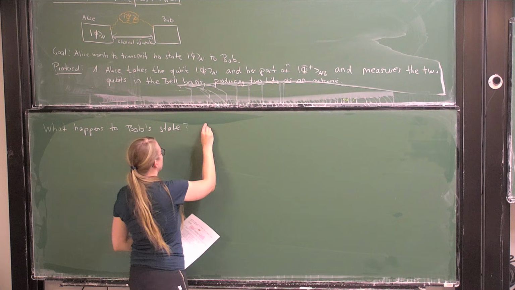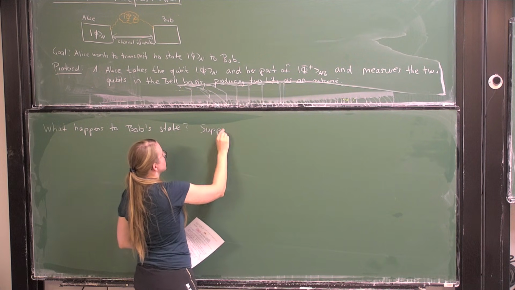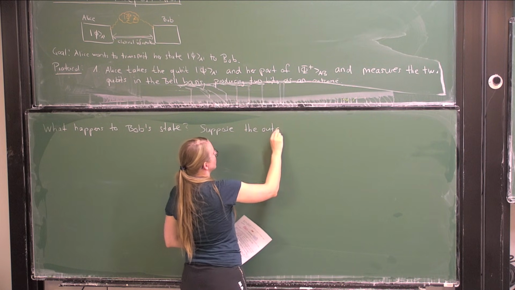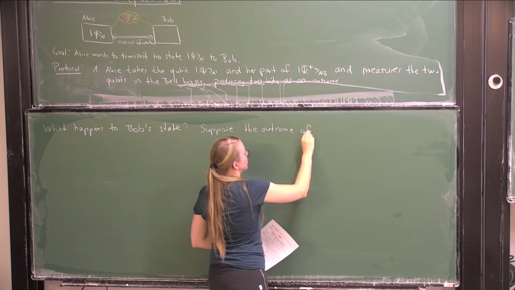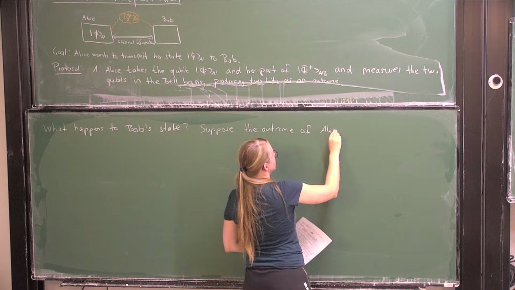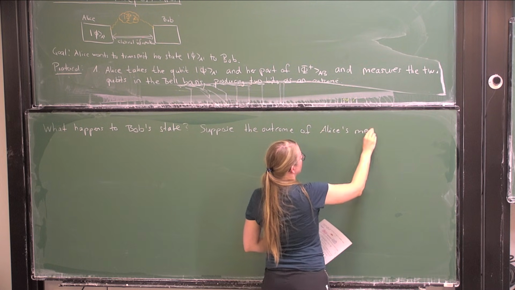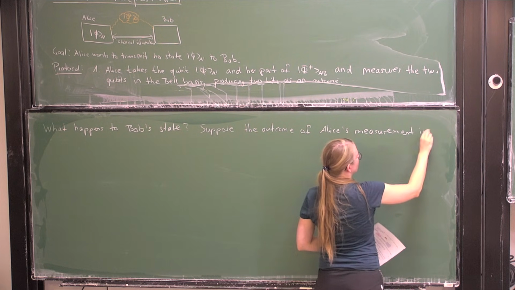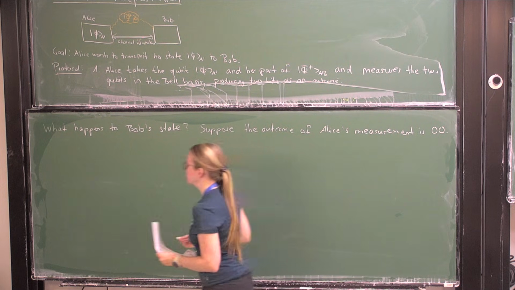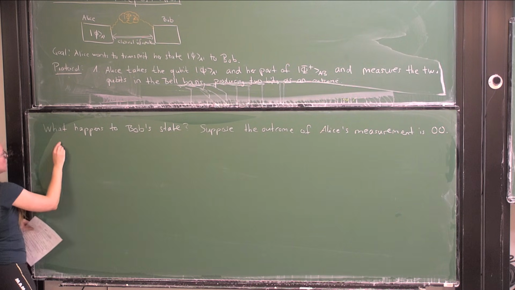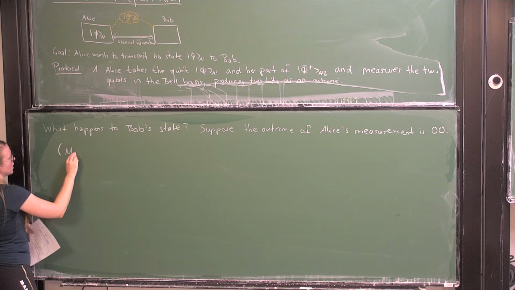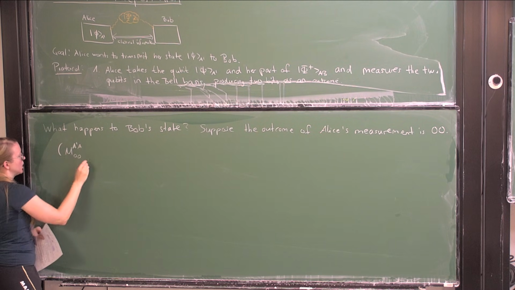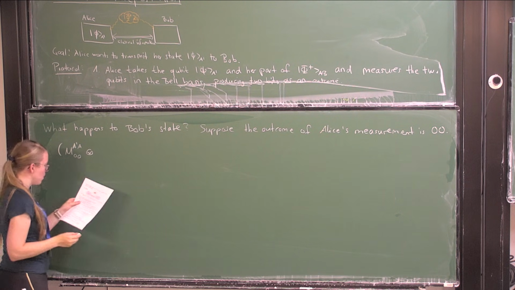So suppose the outcome was 0, 0. To calculate the post-measurement state, you take the operator corresponding to 0, 0. This acts on A prime and A. And on Bob's system, nothing happened.